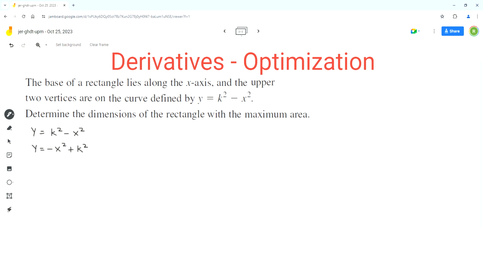If we compare this equation to the general equation of a quadratic function, we can see that there is a reflection over the x-axis due to the negative sign with the x squared, and that means the parabola is opening downward and there is a vertical translation k square units up. In this equation, k represents a constant. So if I have to sketch this curve, it will look something like this.